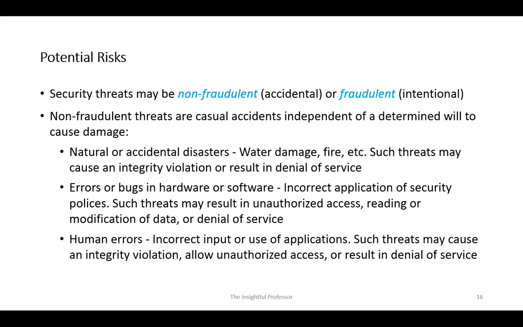Security threats might be considered non-fraudulent or accidental, or fraudulent, intentional. Non-fraudulent threats are casual accidents independent of a determined will to cause damage. These can consist of such things as natural or accidental disasters, errors or bugs in hardware or software, human errors.